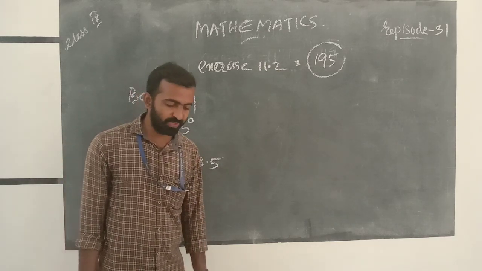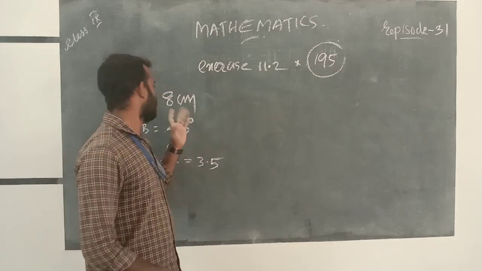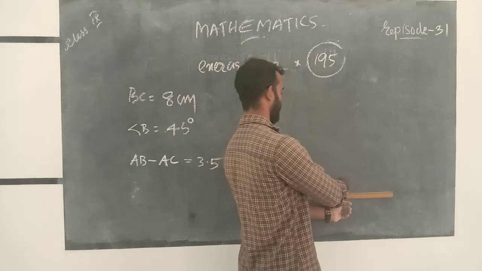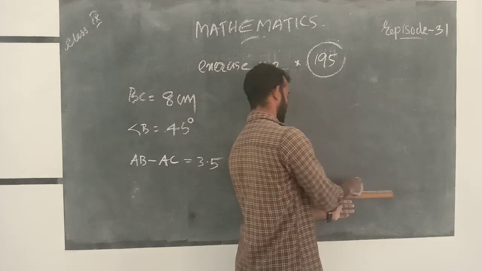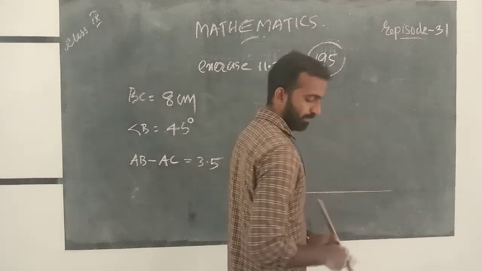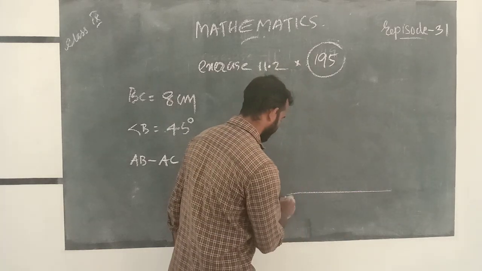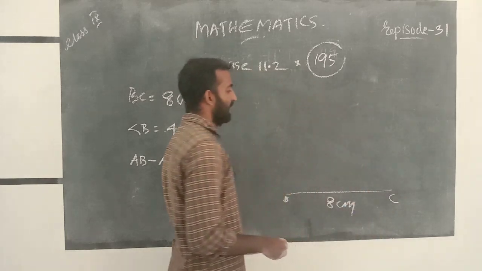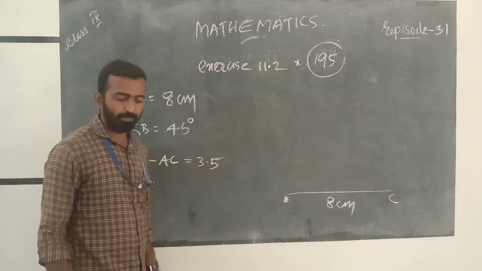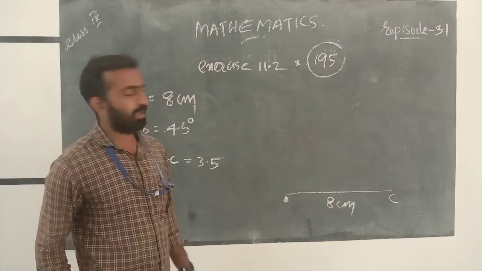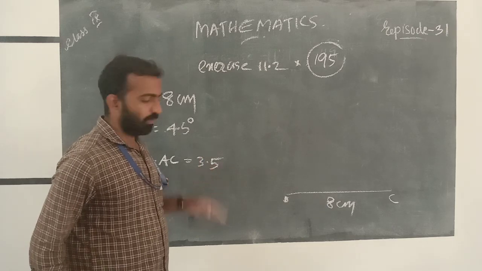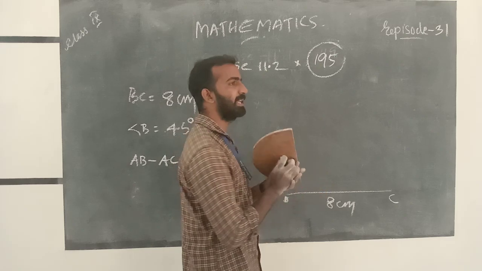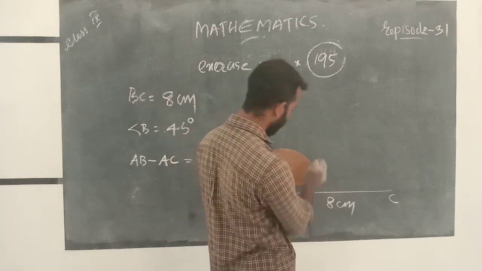First we draw the given line BC, 8 centimeters. Next we make the angle 45 degrees on a ray, angle XBC, which is 45 degrees.